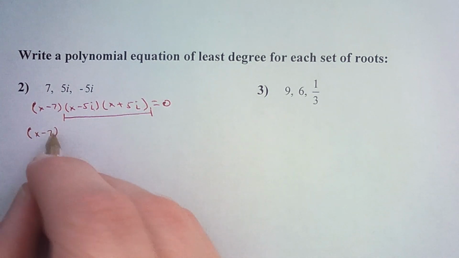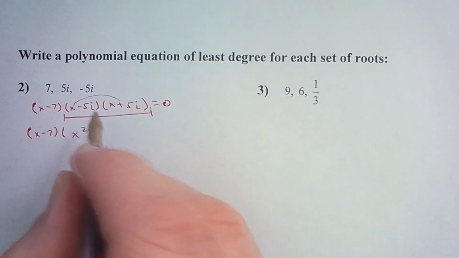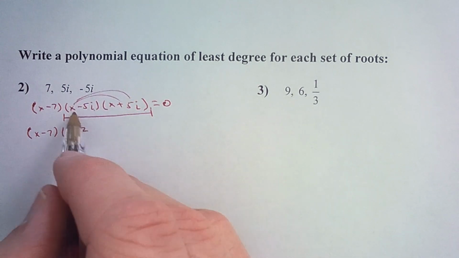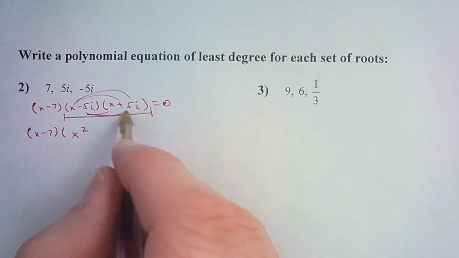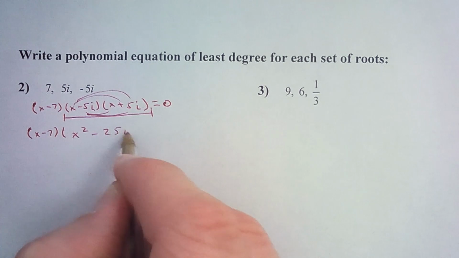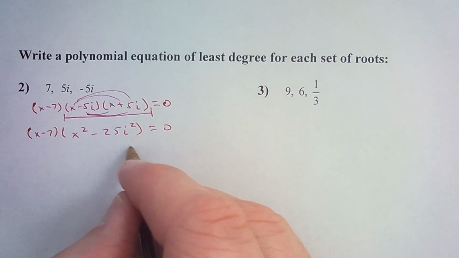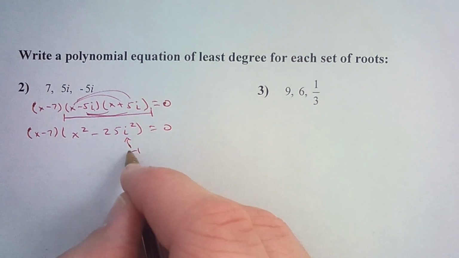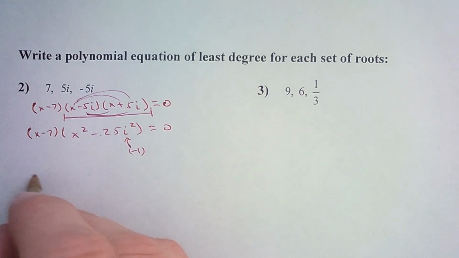So I'll leave the x minus 7 as is, and then I get x squared plus 5ix minus 5ix, so those cancel, and then minus 25i squared equals 0. Now i squared is negative 1, so it's really negative 25 times negative 1.